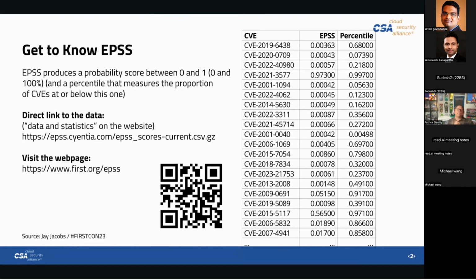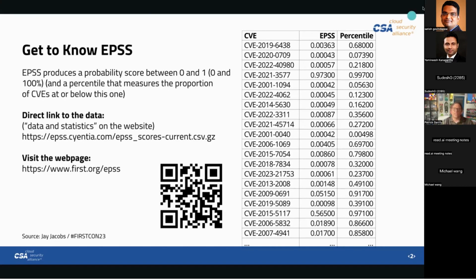And then the second piece is what percentile that scoring threshold is in. So for instance, a 0.00363 score would be in the 68th percentile of EPSS. And that's it. Simply put, you can query it, you can use it in your tools, and you can prioritize based on it.